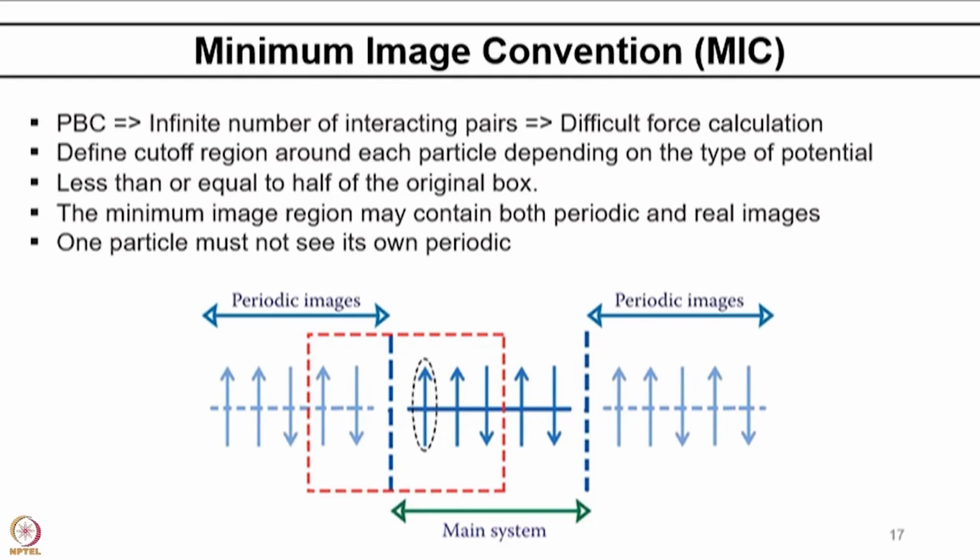So the main system is shown here by the double arrow on the bottom, and then we draw this so that now my central spin is interacting with these two spins on the left and two spins on the right, but it does not interact with its own image. So that is the minimum image convention: a particle must not see its own periodic repetition.